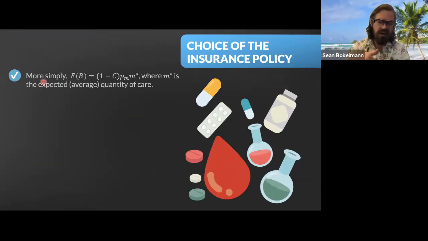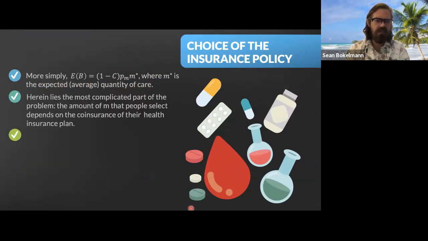We could simplify this if we could come up with an expected quantity of care, or an average quantity of care, called M star. But this kind of creates a problem, right? The amount of medical care that people select is going to depend on their insurance plan, right? We saw that in chapter 2 or 3, whichever it was.